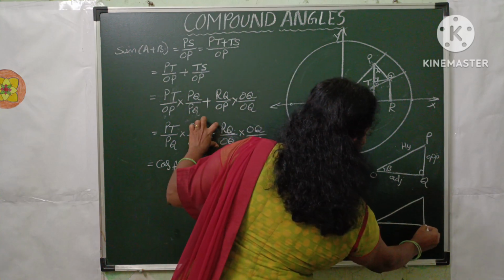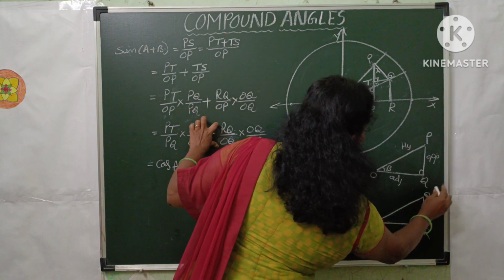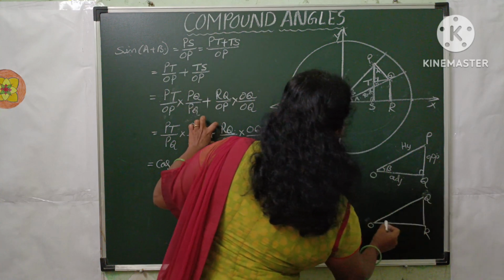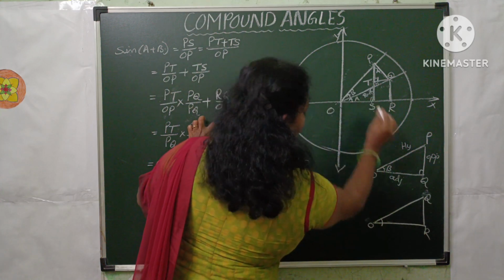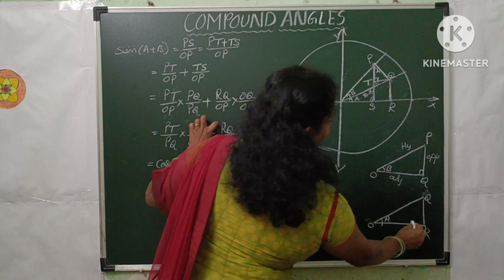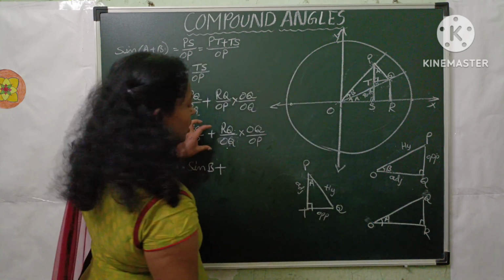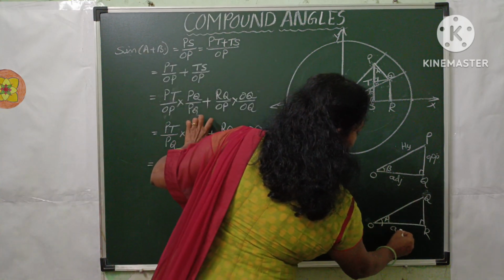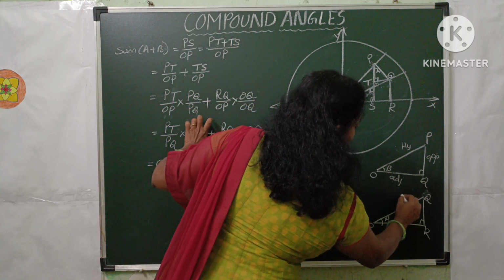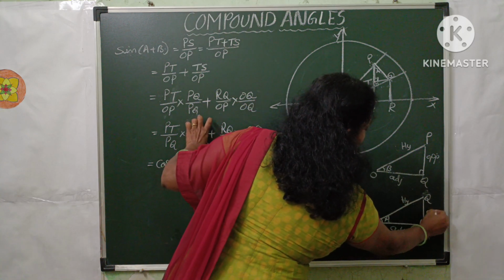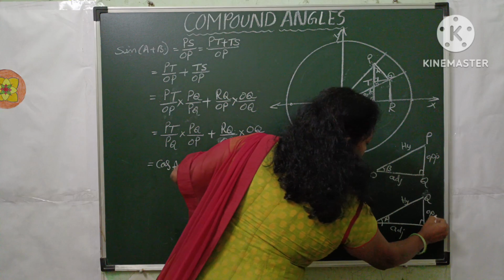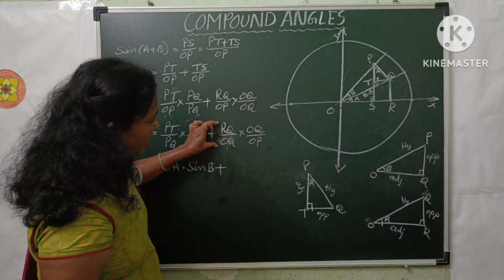This is O, R, Q. Here what is the angle? A. And here it is right angle. Now, this is the adjacent side OR. This is hypotenuse. It is opposite side.